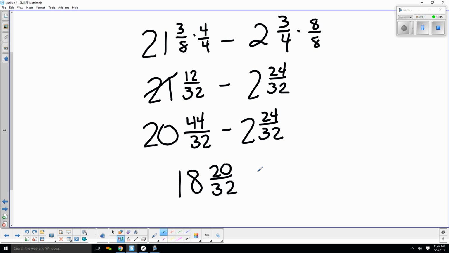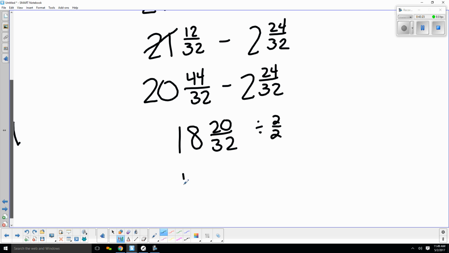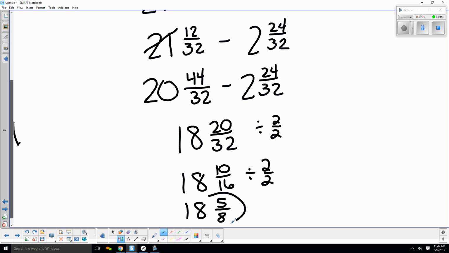I can reduce. If you want to do very basic, you can reduce by 2. I get 18 and 10 over 16. I can reduce by 2 again, and that gives me 5 over 8. So my answer would be 18 and 5/8. That was number 8.